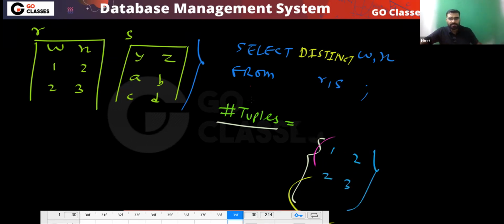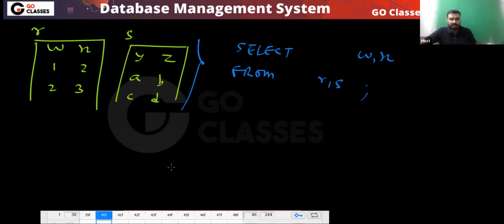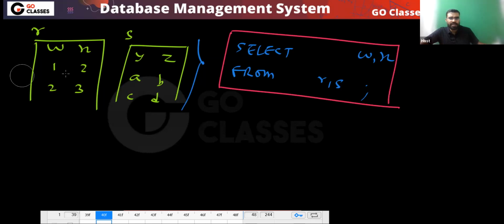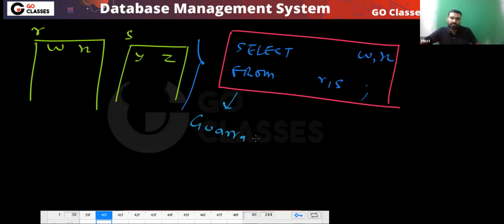You can notice one thing. If you look at this query, whatever R and S you take, what can you guarantee with this query? This query can guarantee a superset of R, with duplication.